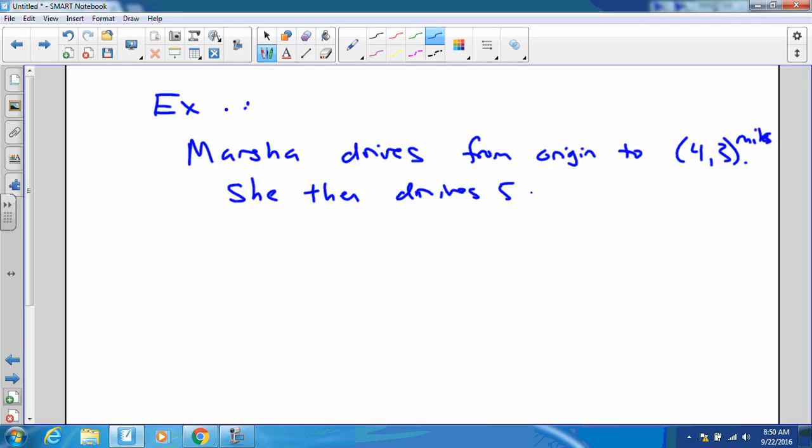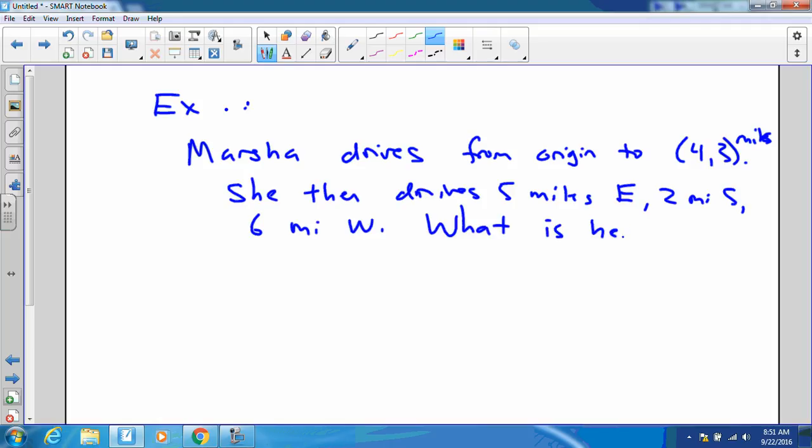To make this miles, she then drives 5 miles east, 2 miles south, and 6 miles west. What is her displacement? You can practically solve this problem in your head faster than I can write it.